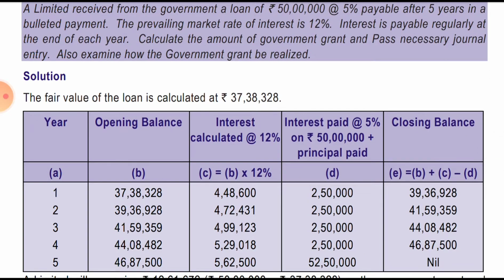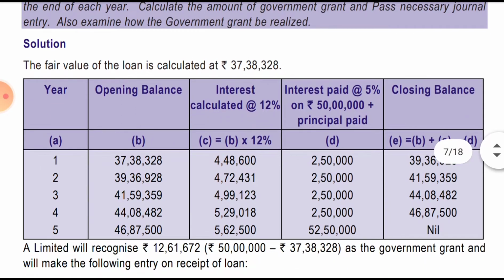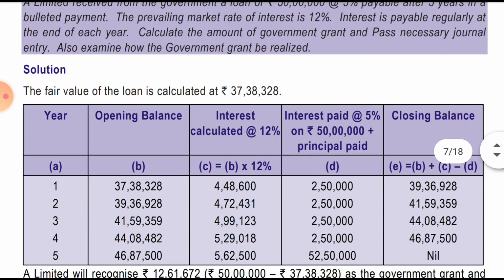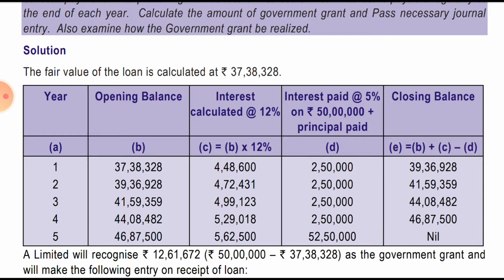What we will discount is the interest paid. The interest is payable regularly at the end of each year, and principal will be paid at the end of the fifth year. So interest is paid regularly: 2 lakh 50, 2 lakh 50, 2 lakh 50, 2 lakh 50, 2 lakh 50, five times. That means 2 lakh 50 will be multiplied by the PVAF factor, and the discounting factor will be 12%. And at the end we have to pay the 50 lakh rupees loan to the government.